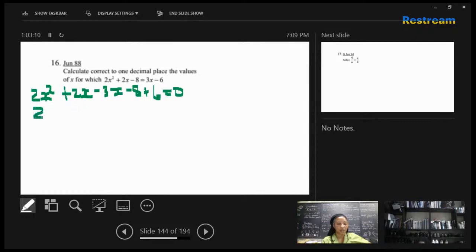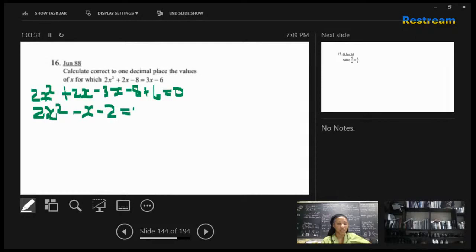So that gives 2x squared, 2x minus 3x is negative x, negative 8 plus 6 is negative 2.